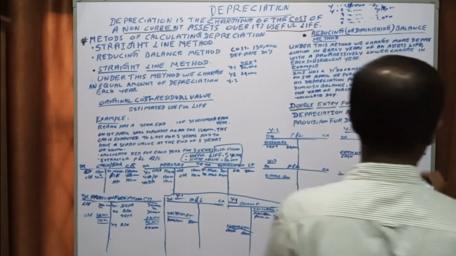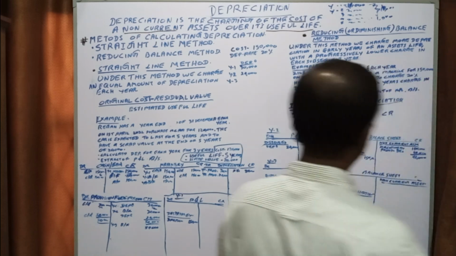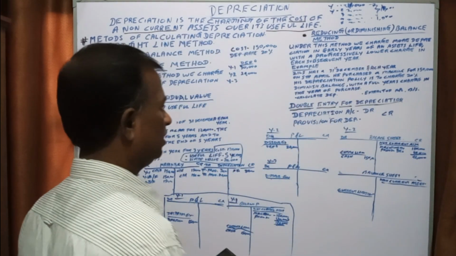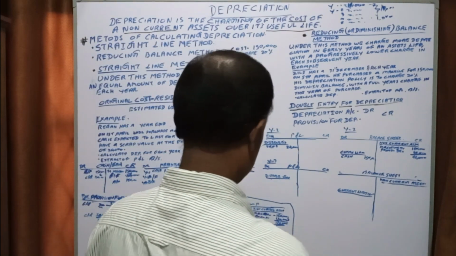Then balance is 96,000. At the year end, the balance of this is 96,000.